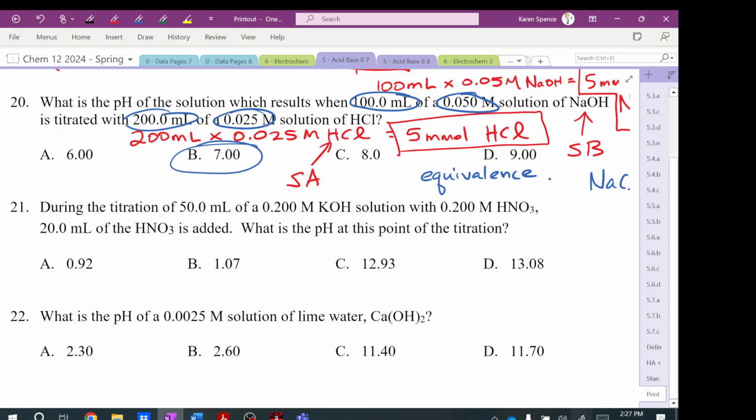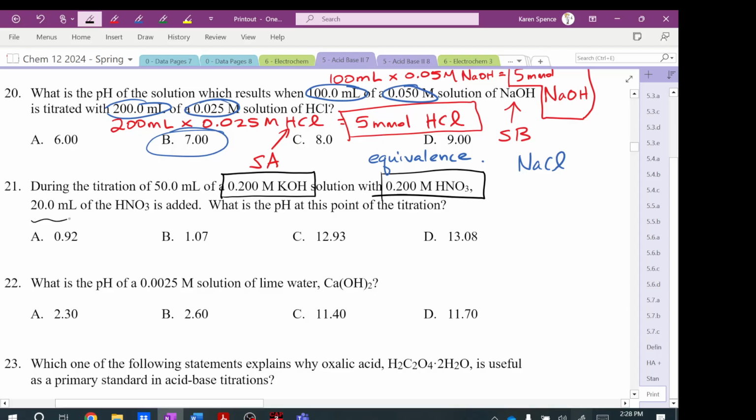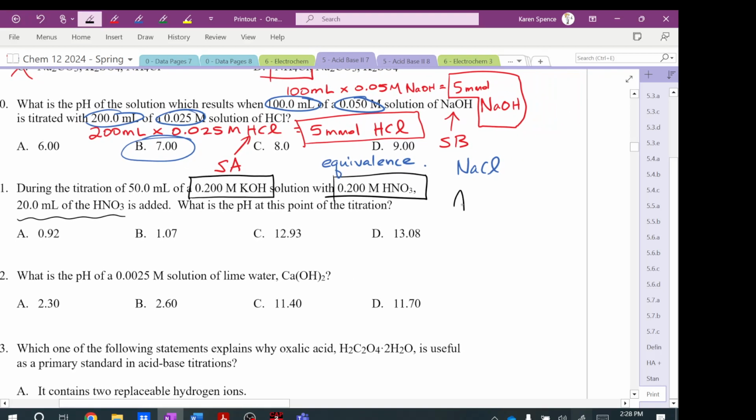There's 2 ways of doing this question. You can find the moles of each thing, do the RICFA table. There's a quicker way because they are both the same concentration and it is monoprotic and monohydroxic. So the quick way is to say I have completely neutralized 20 milliliters of the HNO3.